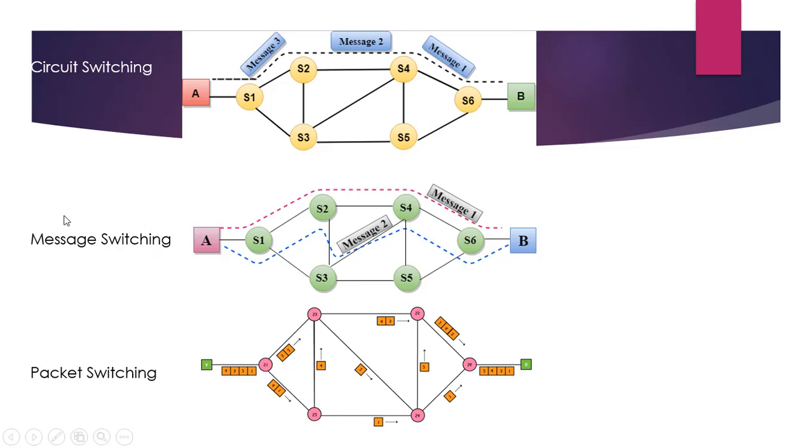In message switching, a message is passed from source to destination in different routes. And packet switching is again a modified version of message switching. Here a single message is divided into multiple parts, and these packets can travel in different paths to reach the destination.